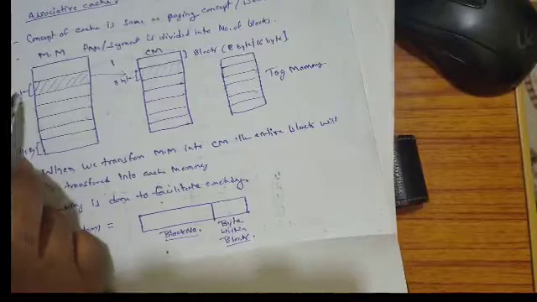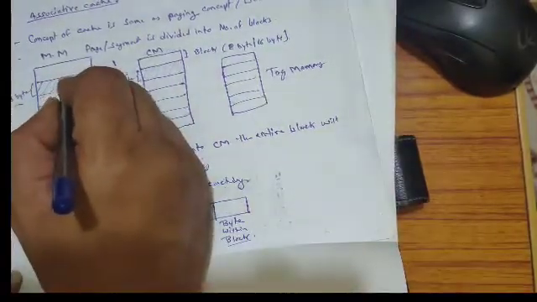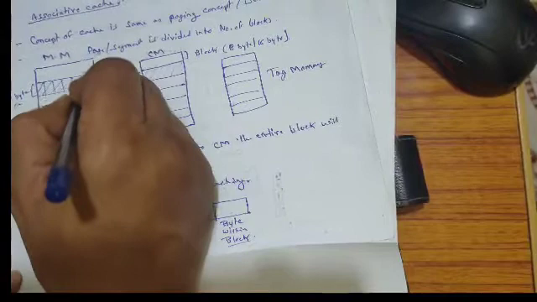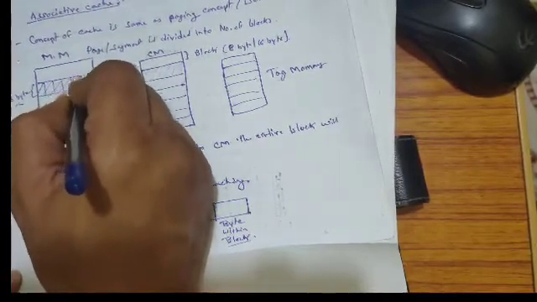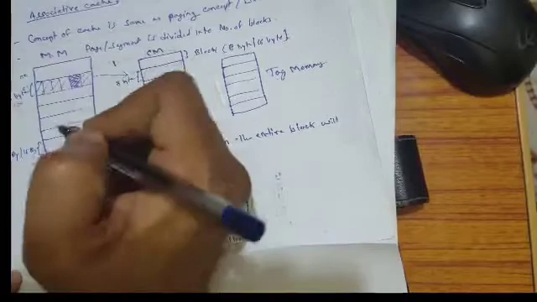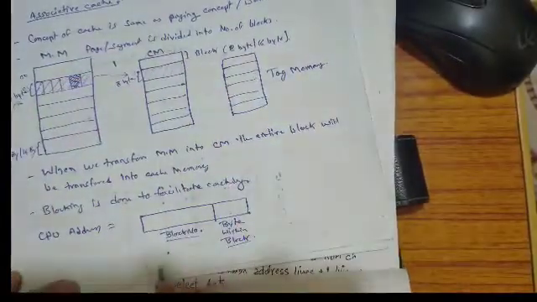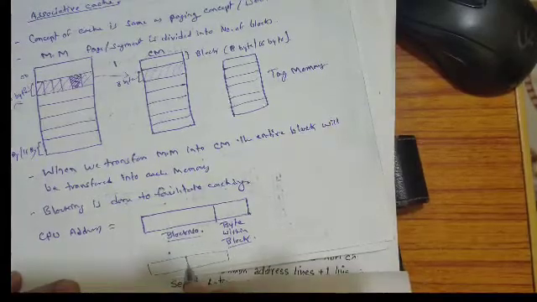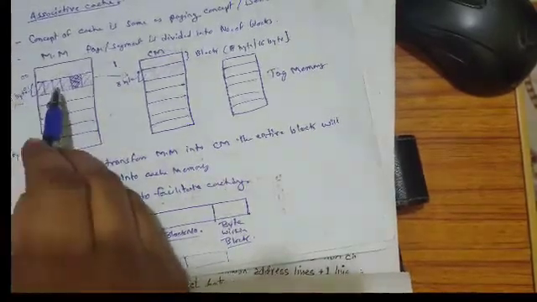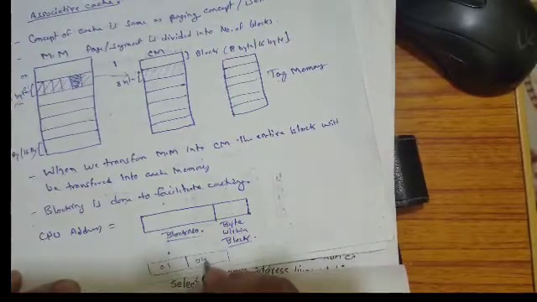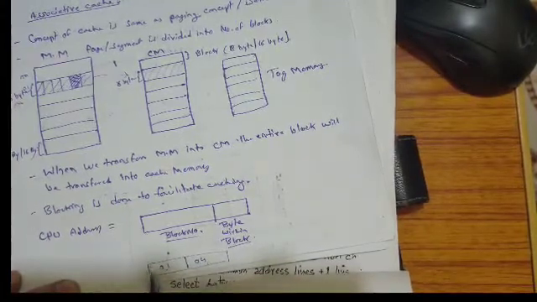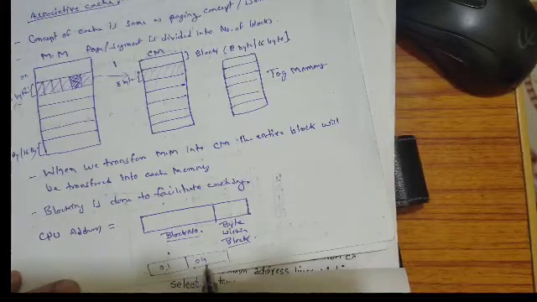Suppose the CPU wants to address a particular byte out of the 8 bytes. Suppose this is block 00, this is block 01, so the address will be block address 01 and byte address 04. Inside block number 01, I want to access byte number 4.